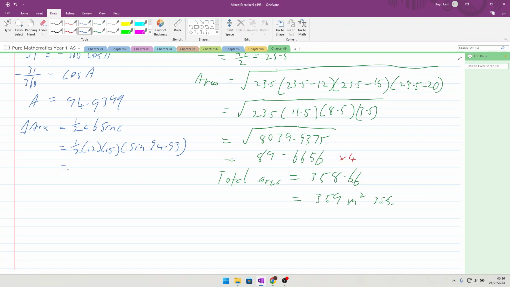So the sine of that, times by 15 times by 12 times by 0.5 is 89.66, and of course there's 4 of them. You can see times 4 will give you the same answer. So 2 different ways of working out to finish up for question 10.